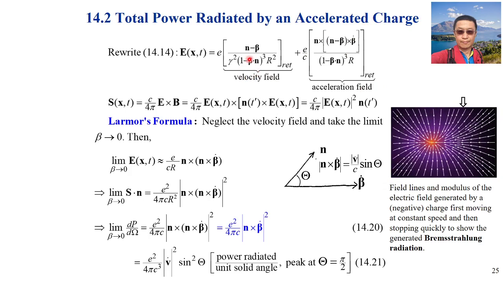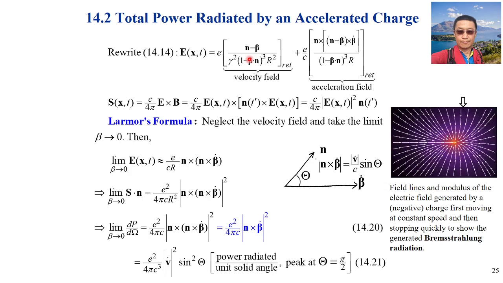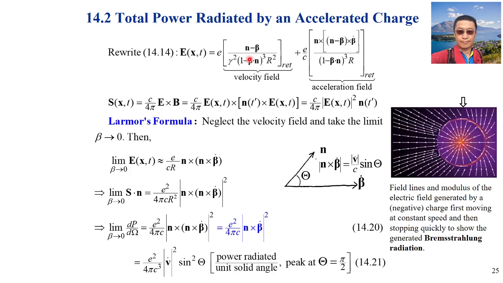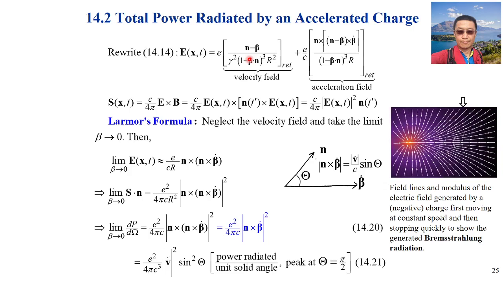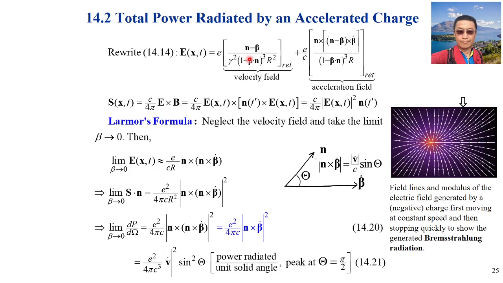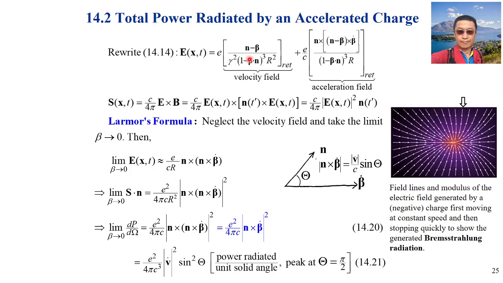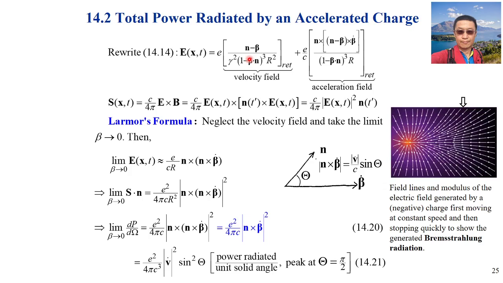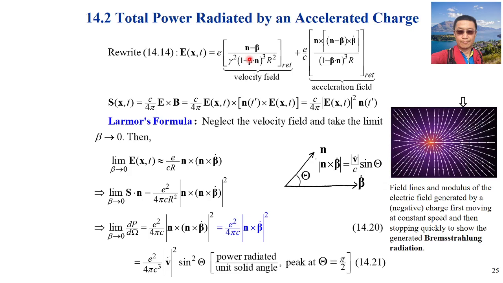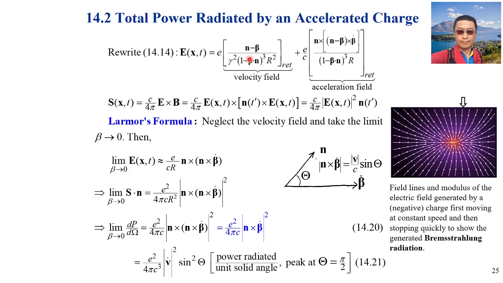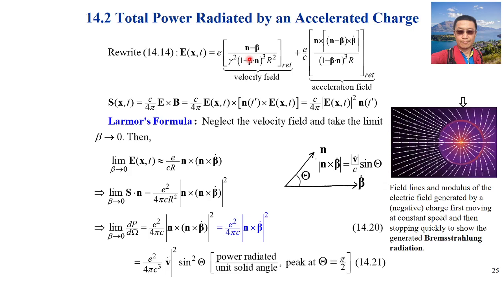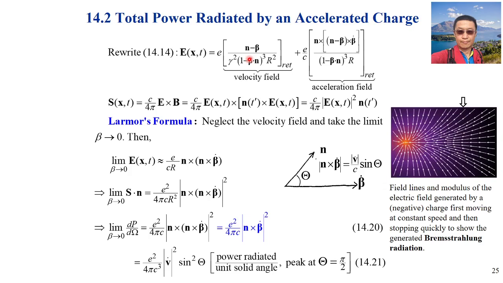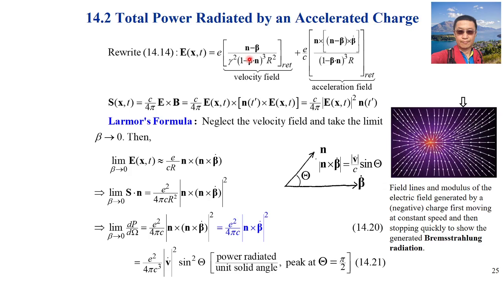The idea of the velocity field is related to special relativity. We can use the Liénard-Wiechert potential to find everything, electric field and magnetic field, or we can double check with special relativity, chapter 11. The result will be the same.